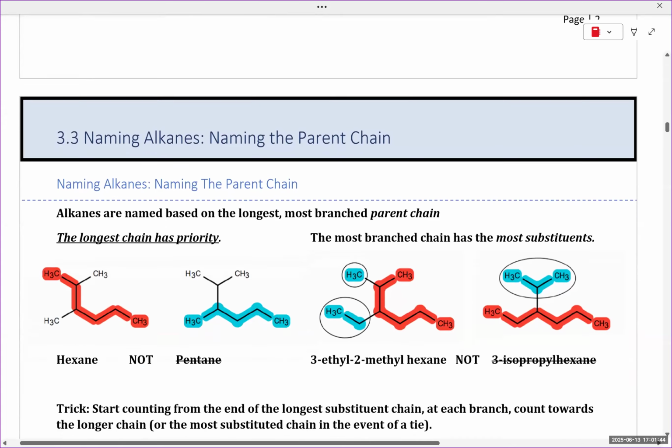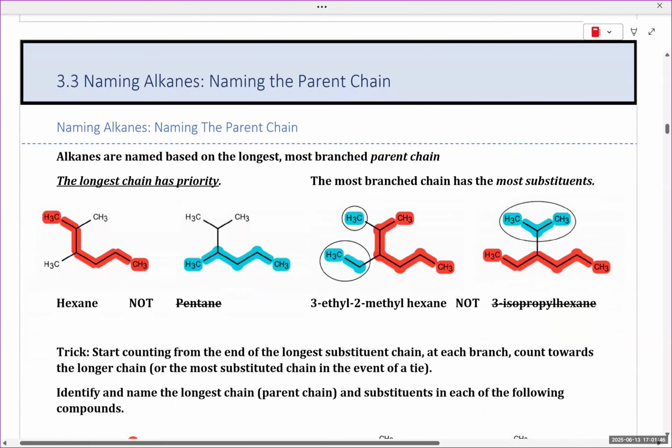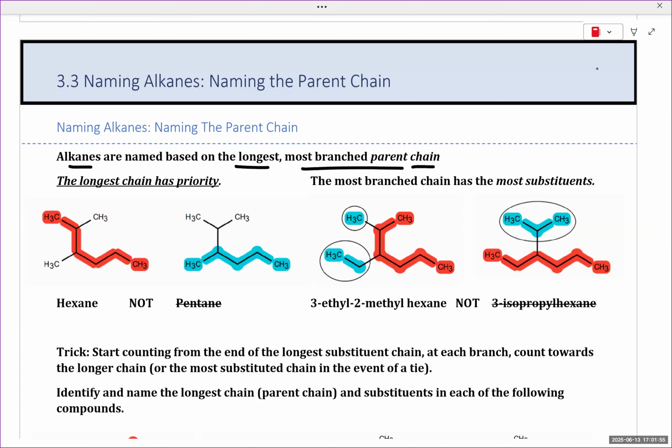Let's talk a little bit about naming alkanes, starting with the principal idea, which is naming the parent chain. Alkanes are named based on the longest, most branched parent chain. In this rule, you're going to select the longest chain and the chain with the most branching.